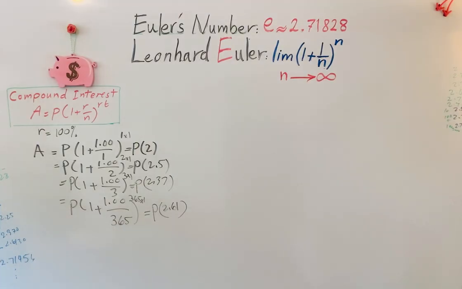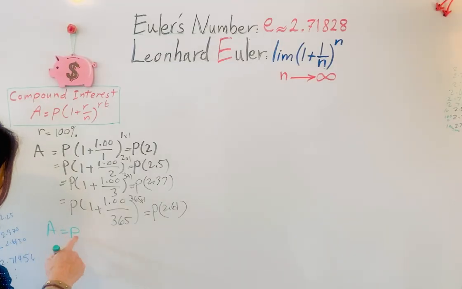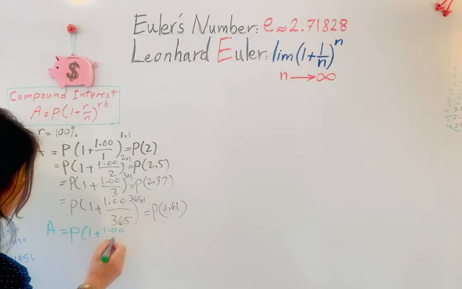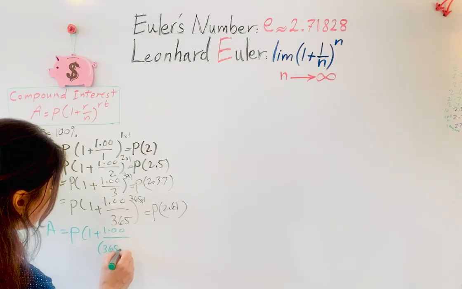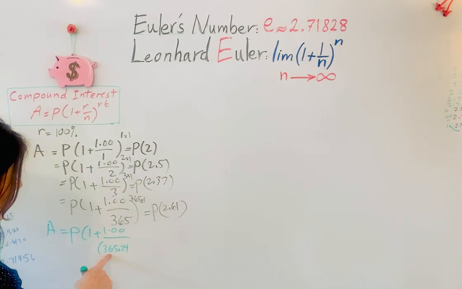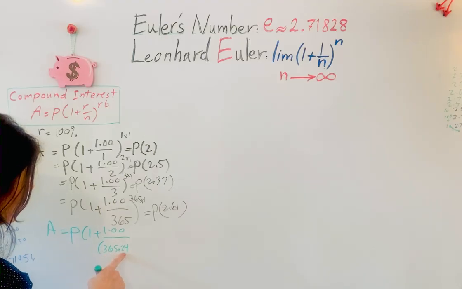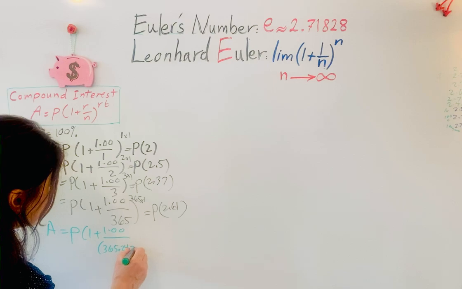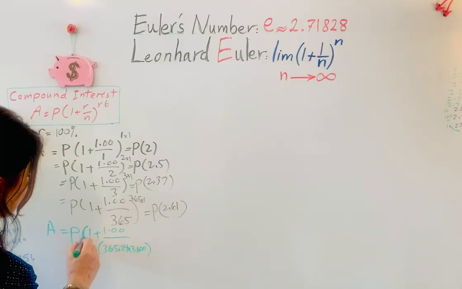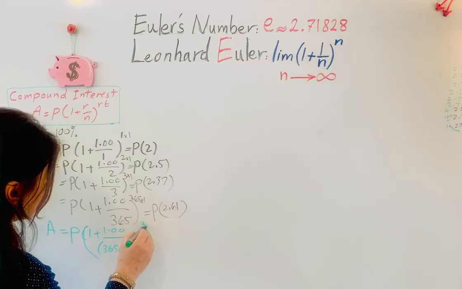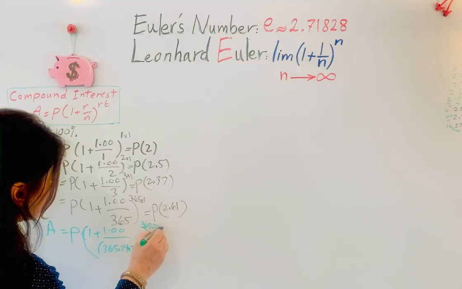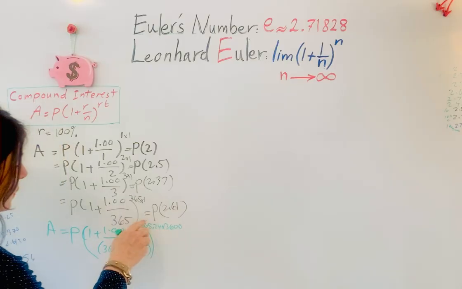Okay, how about every second? Every second means your principal, 1 plus the rate of interest over 365 times 24, which is the 365 days times 24 hours every day, times 3,600 seconds every hour, raised to this number, 365 times 24 times 3,600, times 1, because here it is 1.